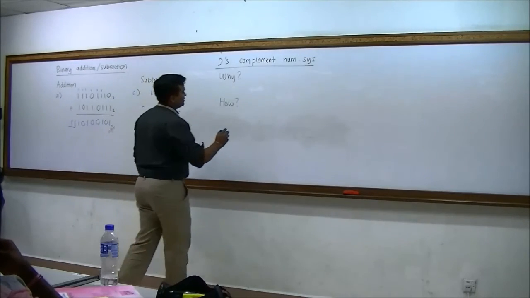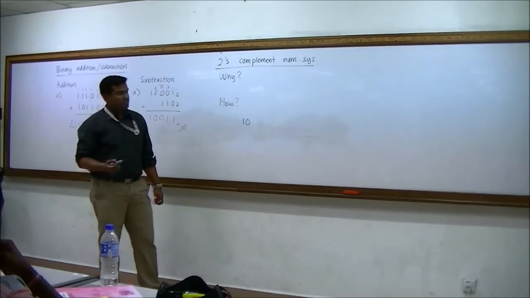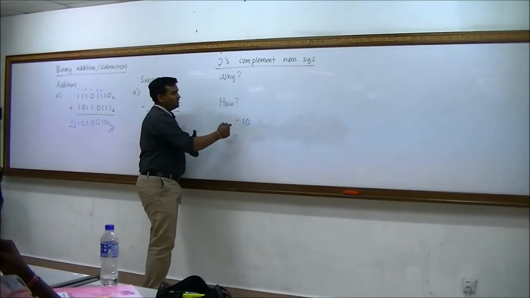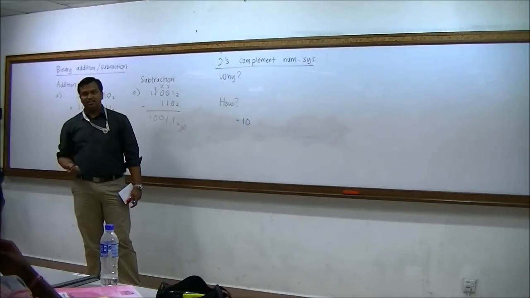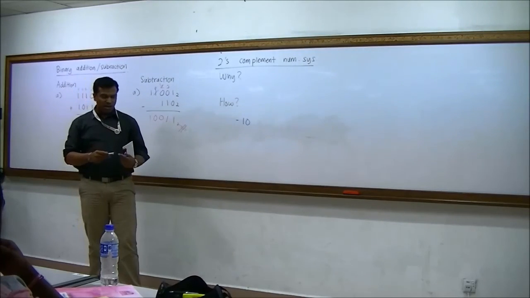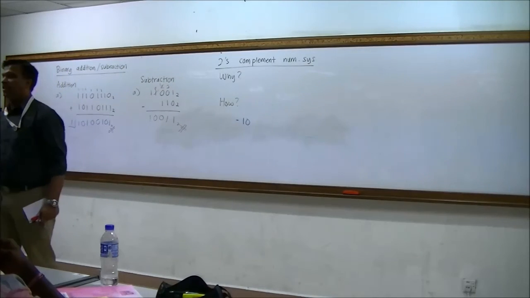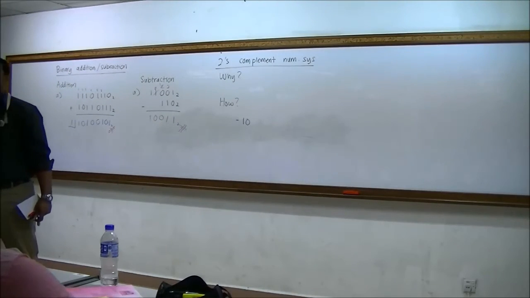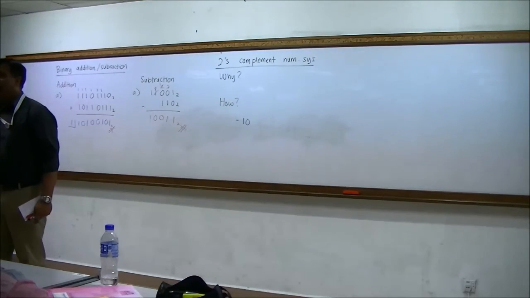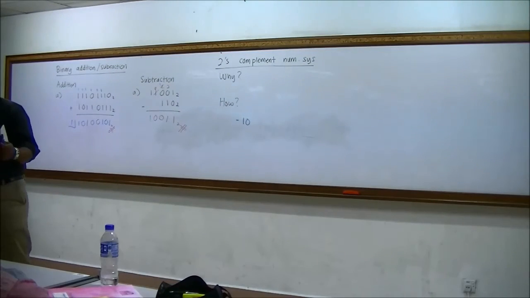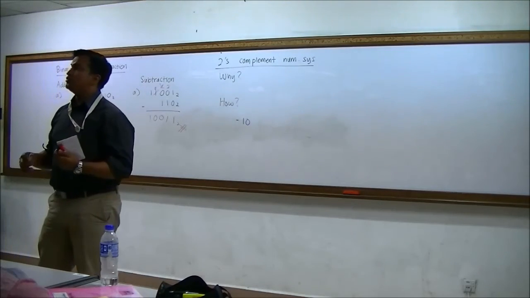If we write 10, we say it's a positive 10. When we put the negative sign here, now it is negative 10. So in order for digital hardware to be able to perform real computation, it should be able to cater for both positive and negative numbers.